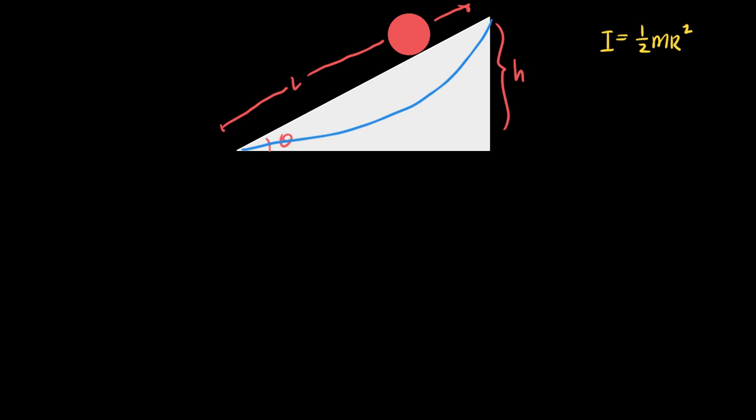So going back here, there's a clear change in height. That's why energy seems like a pretty good place to start. But in order to understand that, we need to know what the change in height is going to be. And for that, we'll probably need some trig.